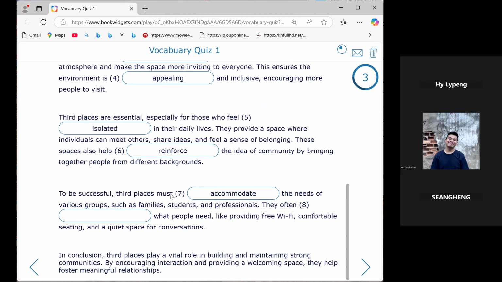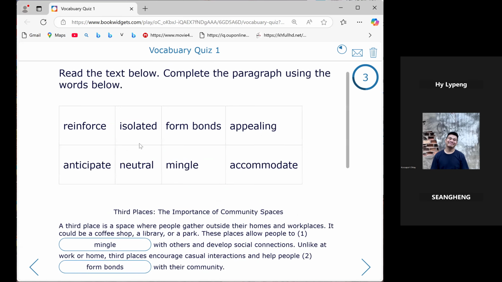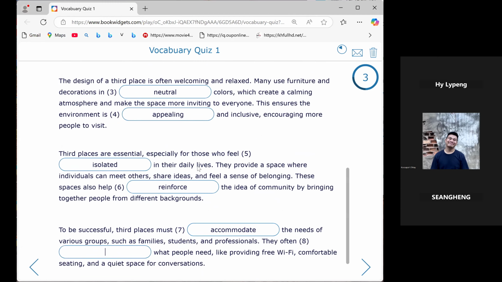We have reinforce and anticipate, if you want to use this word reinforce. They provide a space where individuals can meet others and share ideas. This also I think is anticipate, right?